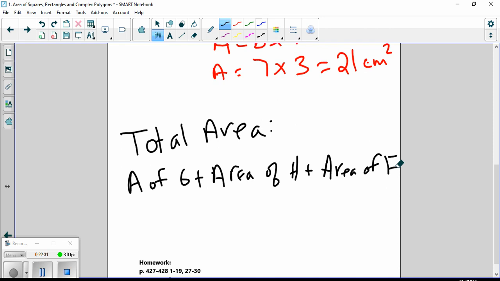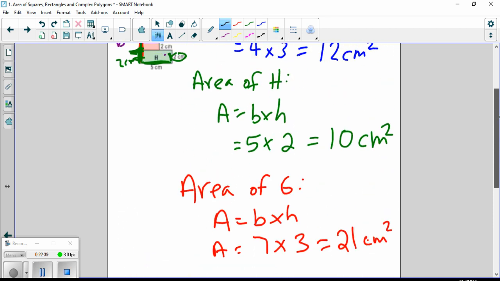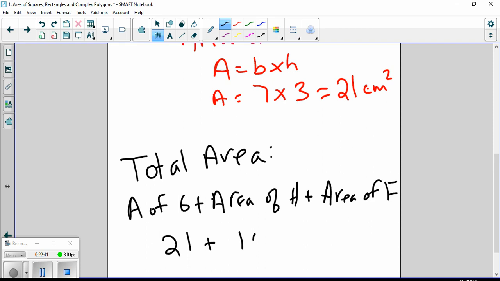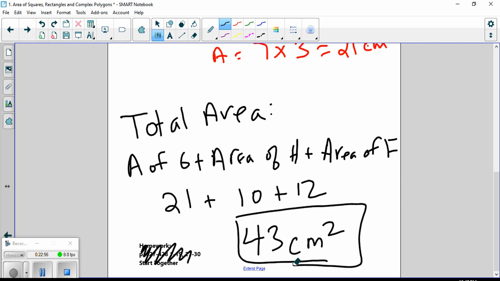So this is going to be 21 plus 10 plus 12. If you add all those up, you get 30, you get 43, and then you must include centimeters squared. So your area there is 43 centimeters squared.